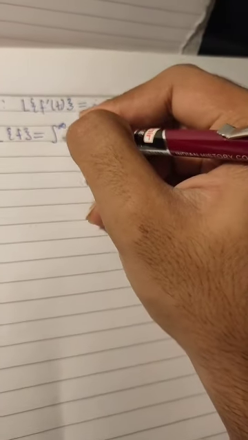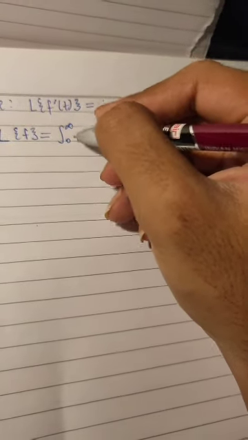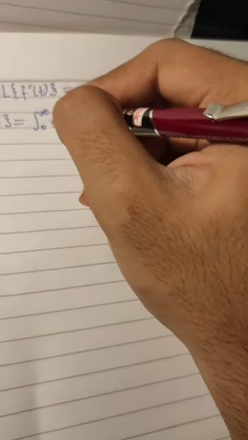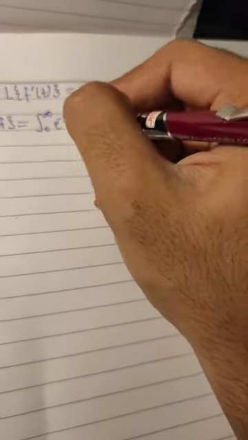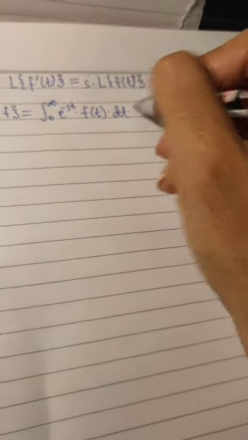What we have to explain first is that the Laplace transform of any function, let's say f in terms of t, is equal to the integral from 0 to infinity of e to the power negative st multiplied with f of t, multiplied with dt.